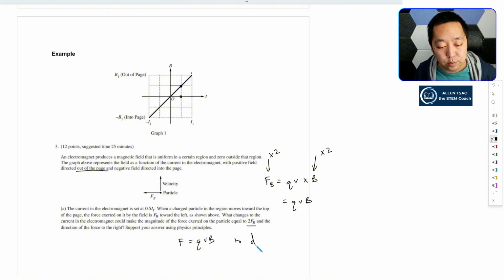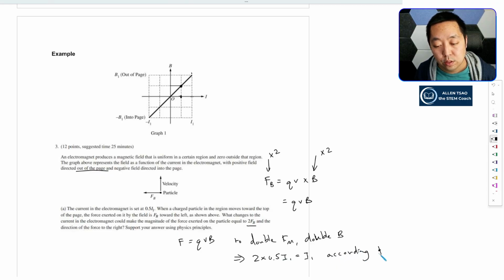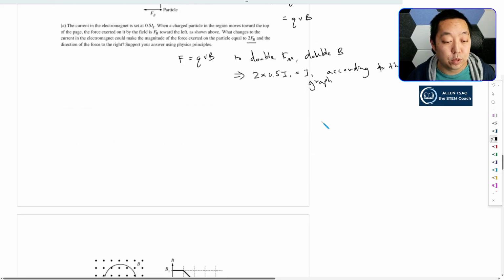To double the magnetic force, we need to double B, which requires 2 times 0.5 I1, which equals I1, according to the graph. Okay, so that was just a review of some of the magnetic force there.